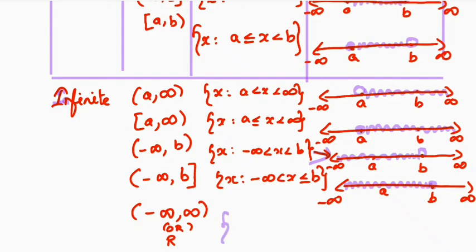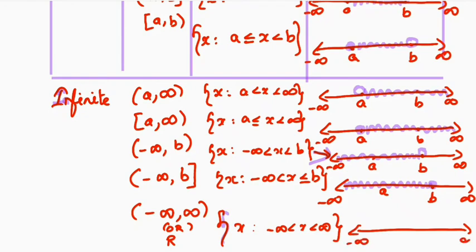It's a real numbers, whole real numbers has to come, isn't it? So set of all real numbers x such that minus infinity less than x less than infinity. Okay, so the whole real line starting from minus infinity to plus infinity has to be included in this interval.